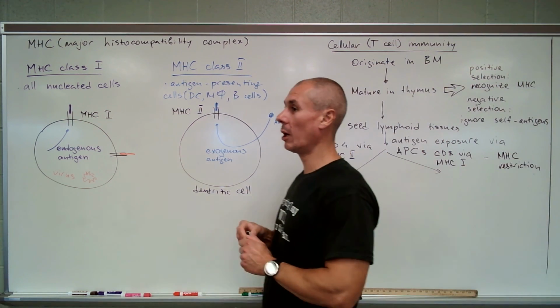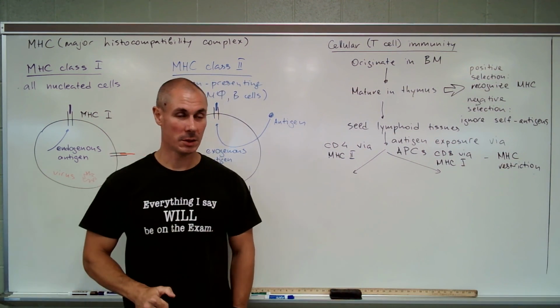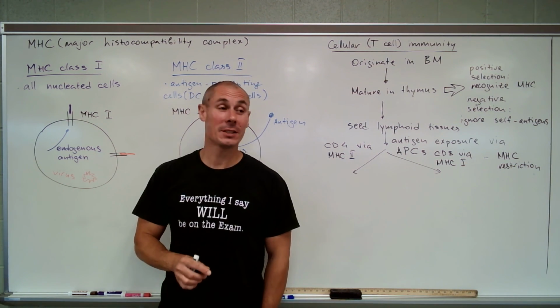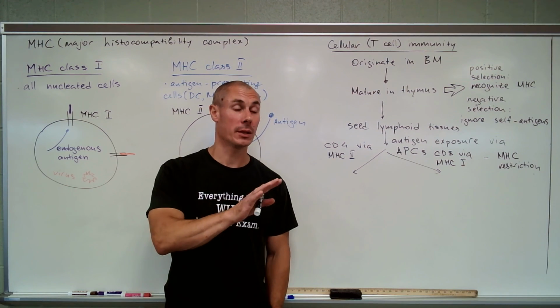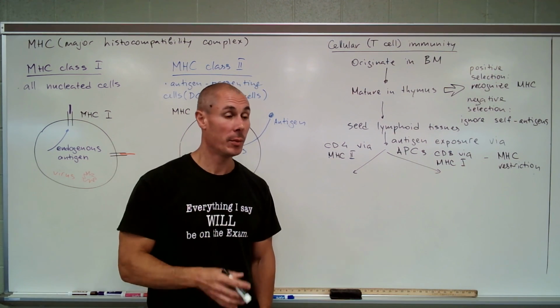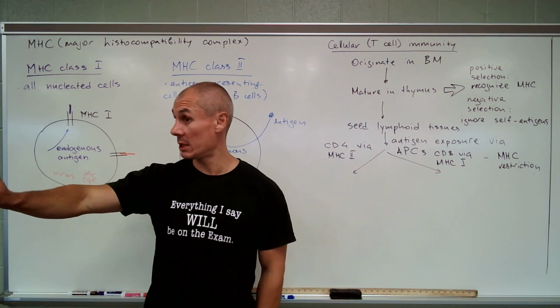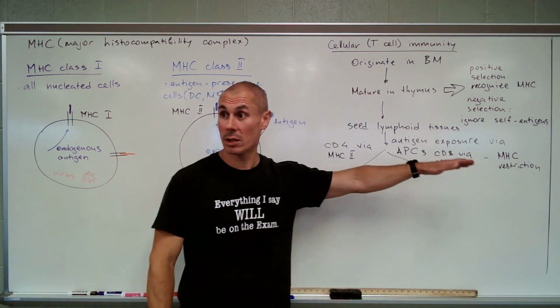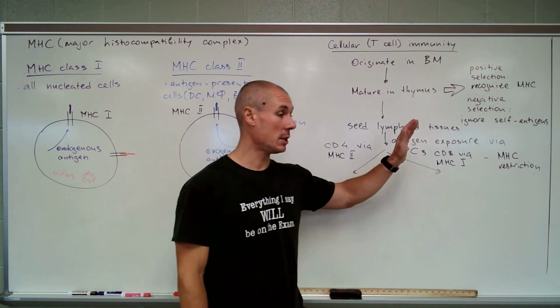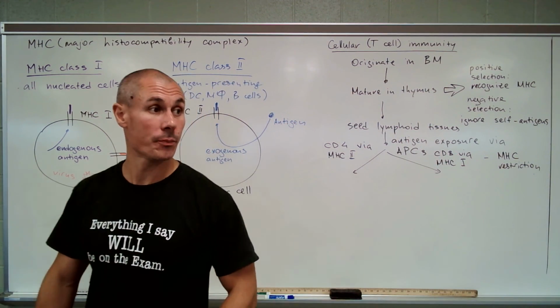As you probably already suspect, it's not always. There are some really rare exceptions that were experimentally demonstrated. But for our intents and purposes, MHC restriction is CD4 recognizes MHC2, CD8 recognizes MHC1.